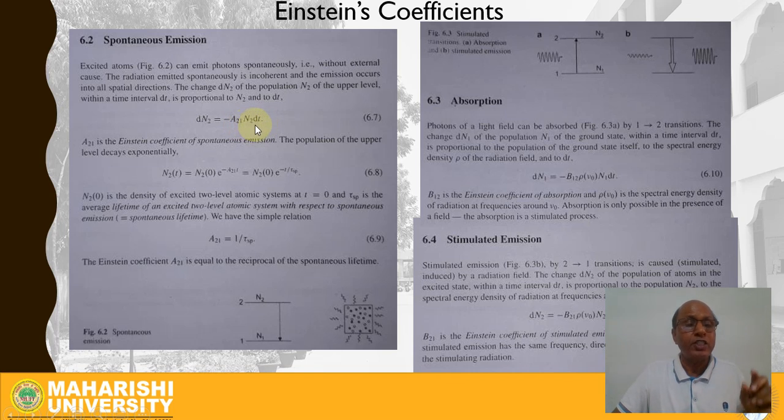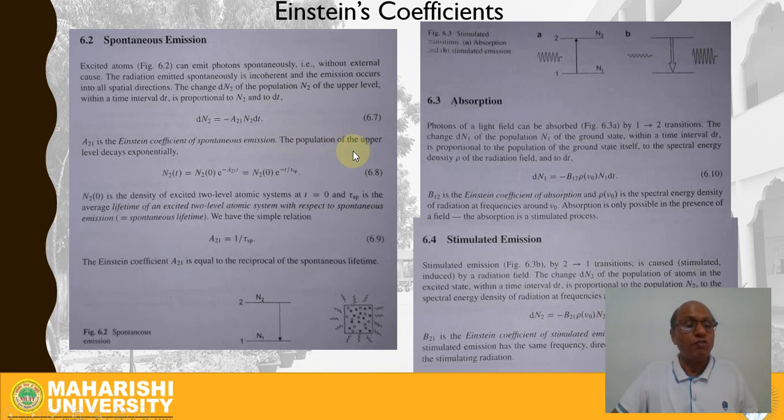Now, this is for a particular period of time, right? So this small change in N2 is proportional to N2 dt and is equal to minus A21 N2 dt, where we consider A21 as the Einstein coefficient of spontaneous emission.